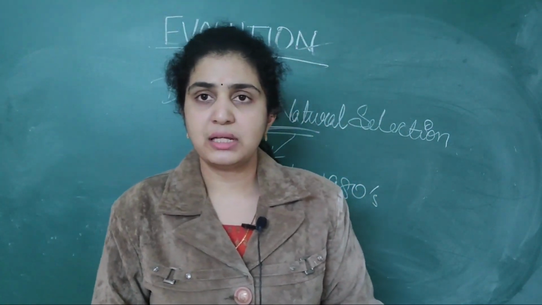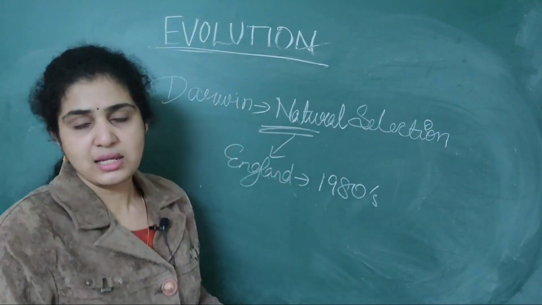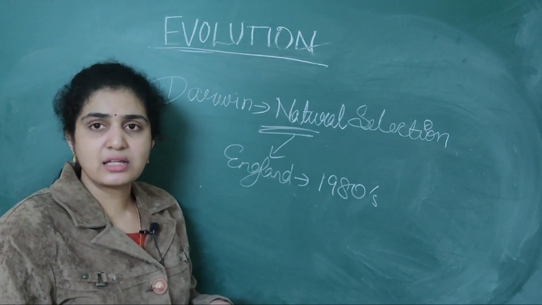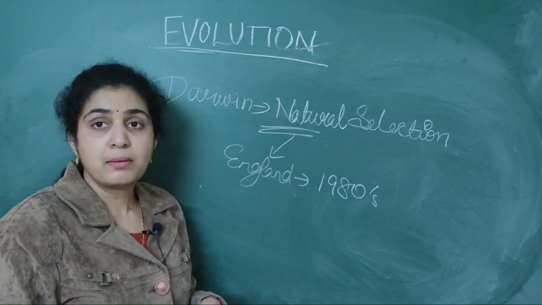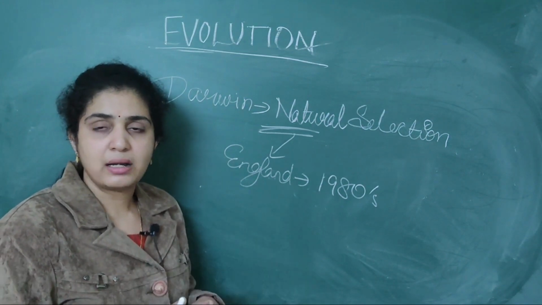It is usually given by industrialized area as well as non-industrialized area. This experiment was there. Before industrialization, what happened?